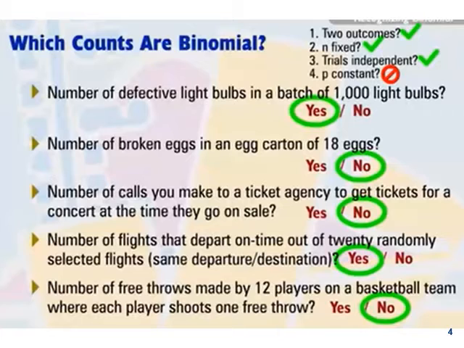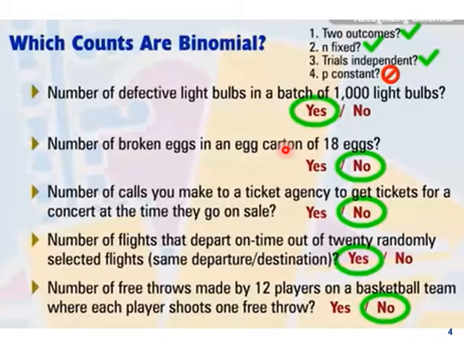We can get confused by the number of defective bulbs, but in the bulb situation we are not talking about whether they are broken; they are defective. Sometimes you use a bulb and it can be defective. But here we are talking about eggs being broken. So we know that it's not satisfying conditions 3 and 4, and we cannot use the binomial distribution for this example.